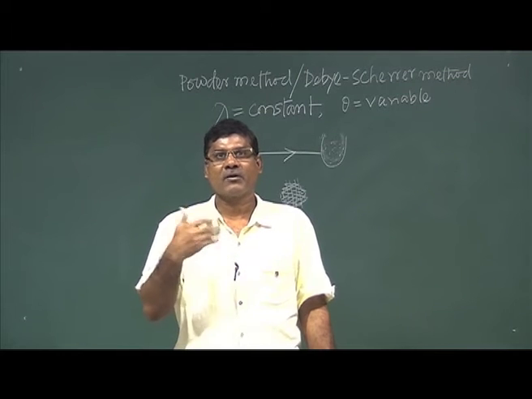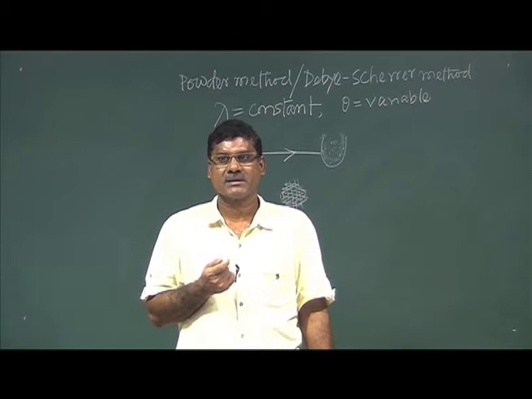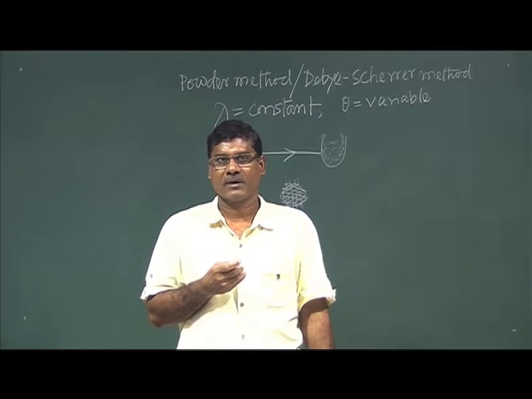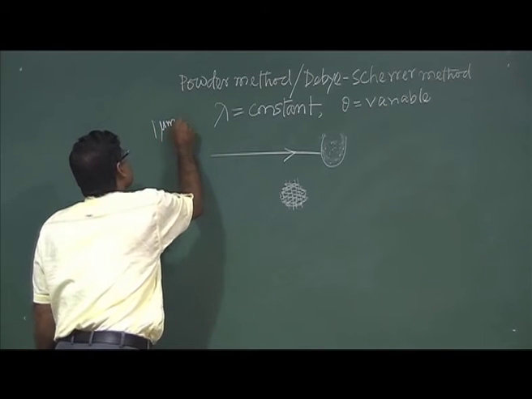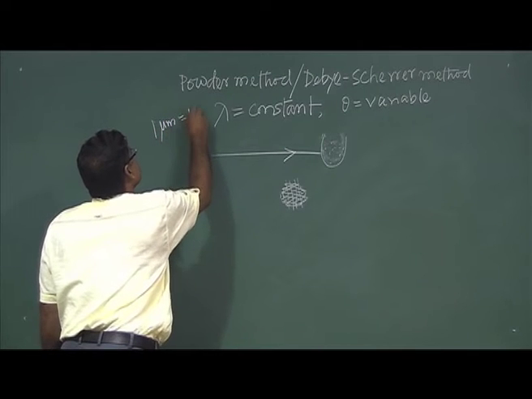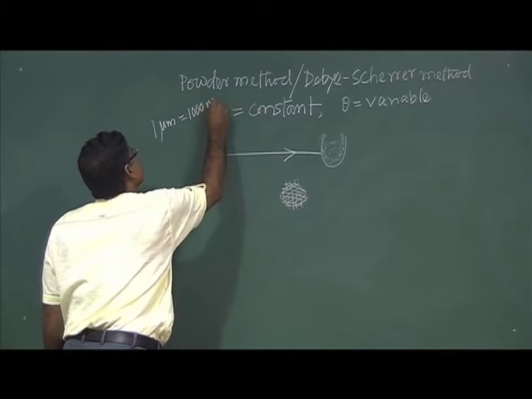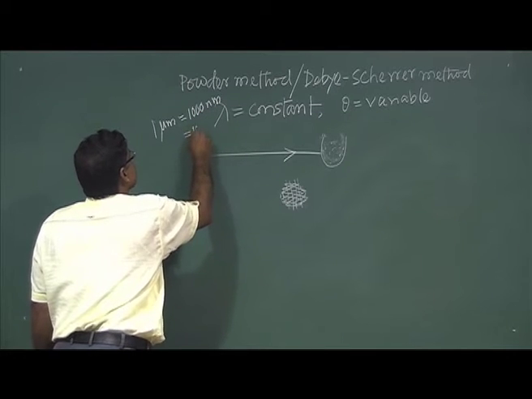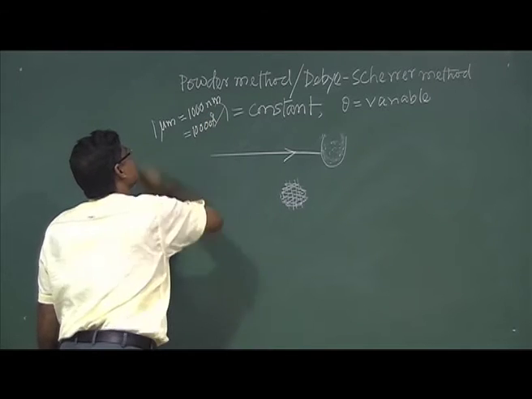So, in 1 micrometer, how many unit cells will there be? 1 micrometer is 1000 nanometer, and 1 nanometer is 10 angstrom, so it will be 10 to the power 4, that is 10,000 angstrom.